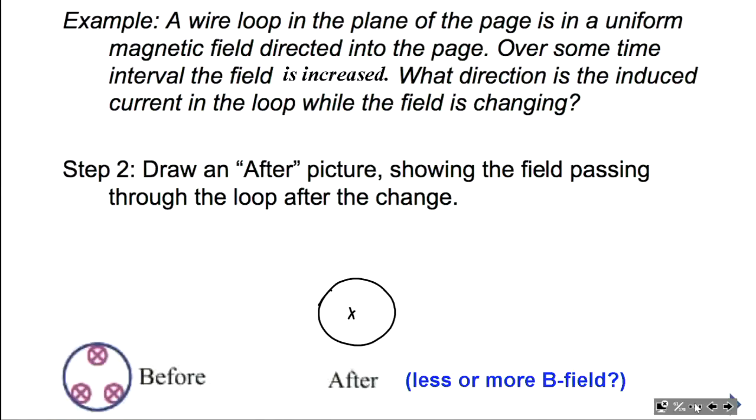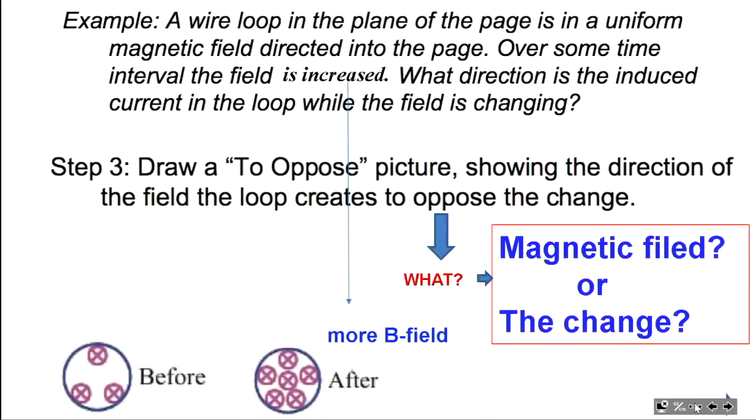There is a specific word, one single word, which tells us what to do. What word is that? An increase. So we have to draw some extra crosses, each representing a magnetic field line traveling into the page. Like this.